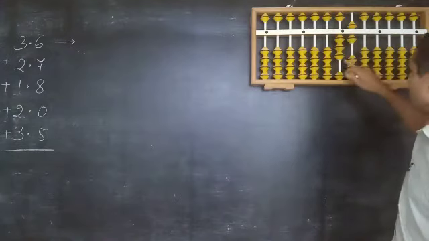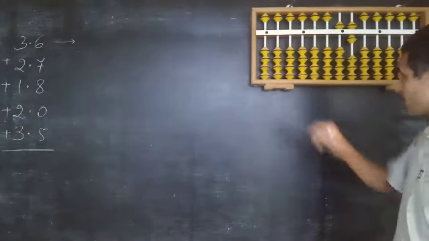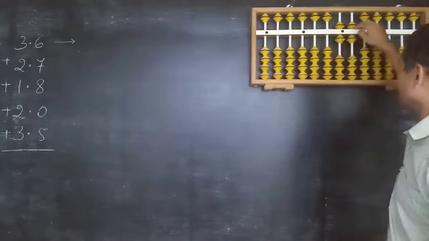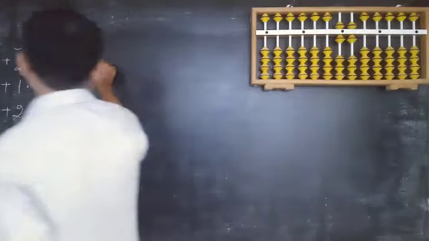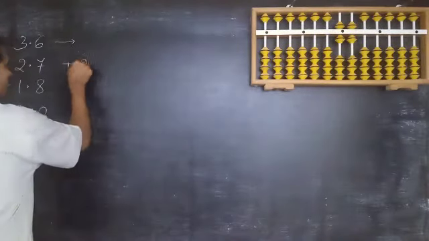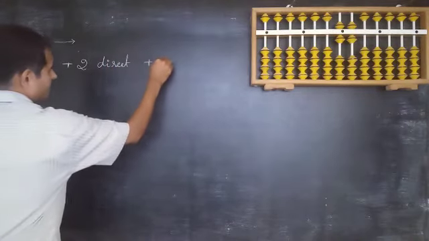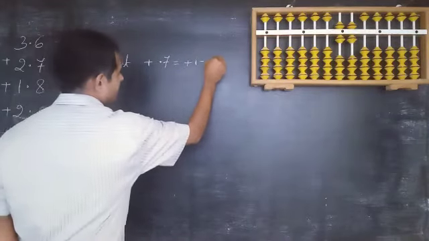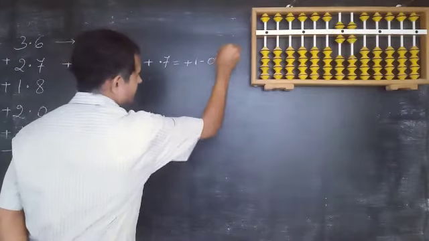Plus 2.7: plus 2 is equals to plus 5 minus 3, plus 0.7, plus 0.7 is equals to plus 1 minus 0.3. Plus 1 minus 0.3, plus 2 direct, plus 0.7 is equals to plus 1 minus 0.3.